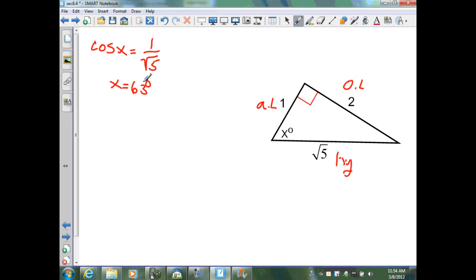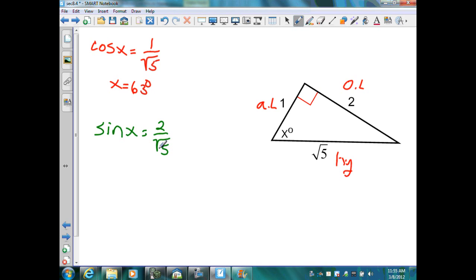Is there another way of doing this? Let's take a look if I chose to use the opposite leg and the hypotenuse. That would be the sine of x, which would be opposite, which is 2, over the square root of 5.